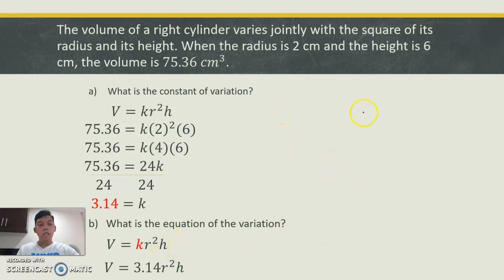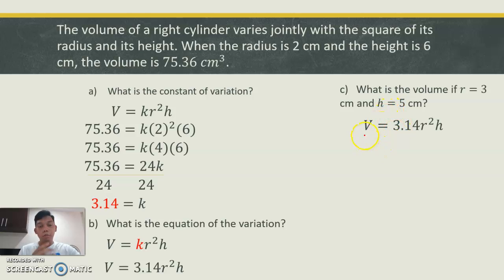Now let's proceed to letter C. What is the volume if the radius is 3 cm and the height is 5 cm? We will use the equation this time, not the data set, because we already got 3.14, which is the k.